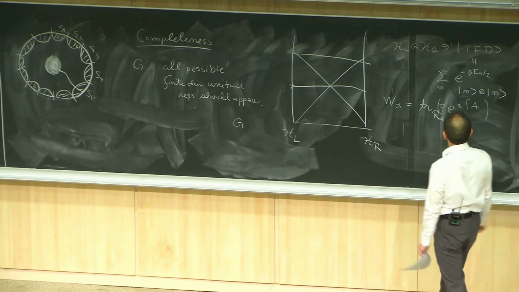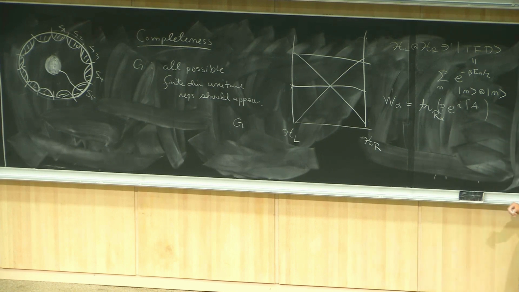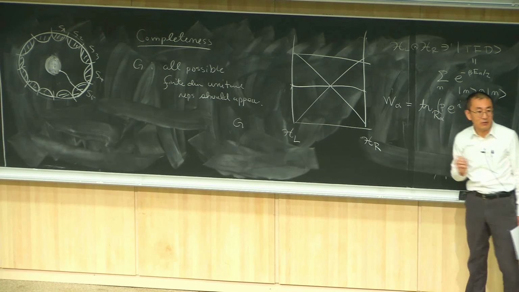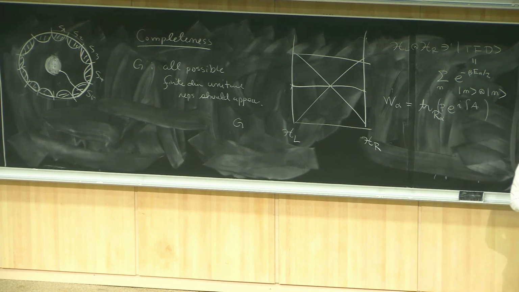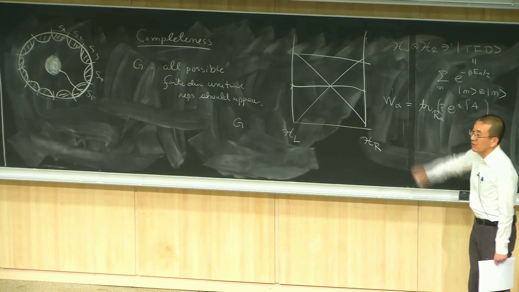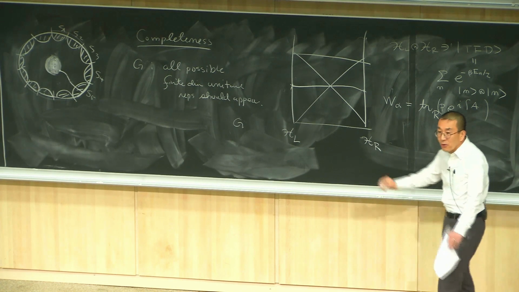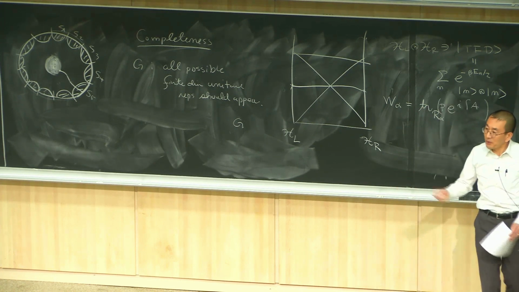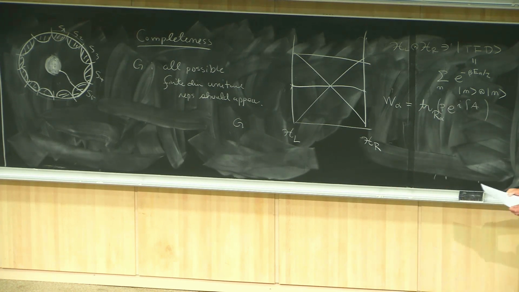When you take the trace, of course, you have to specify a representation. I should be able to choose any finite dimensional unitary representation to define the Wilson line operator. And if you have U(1), you can choose the Wilson line to be in a representation consistent with the Dirac quantization condition.